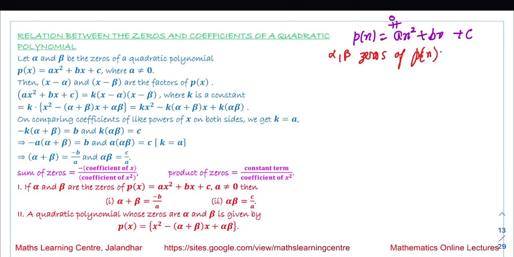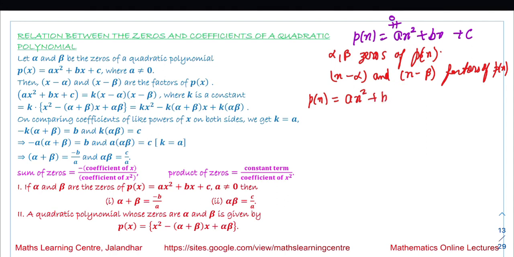If these are the zeros, it means x minus alpha and x minus beta are factors of p(x). So p(x) equal to ax square plus bx plus c is equal to k times (x minus alpha) into (x minus beta).